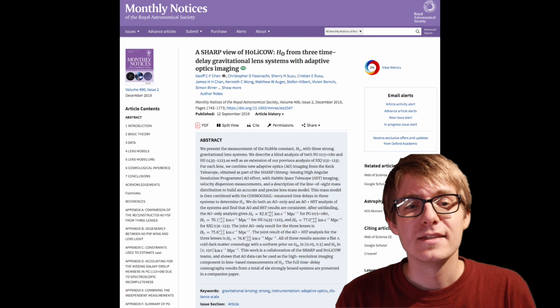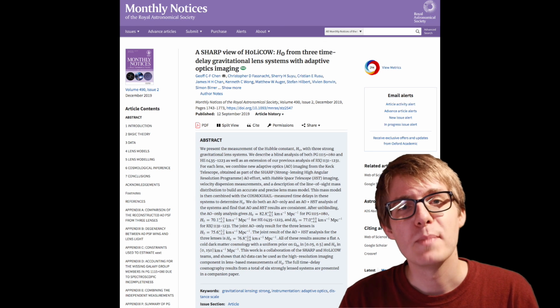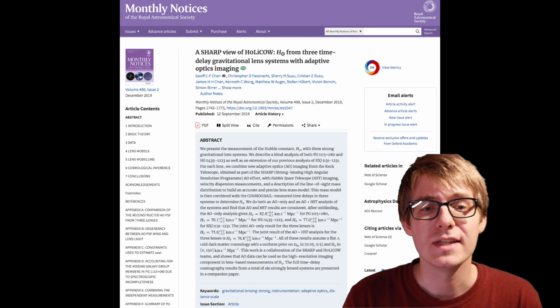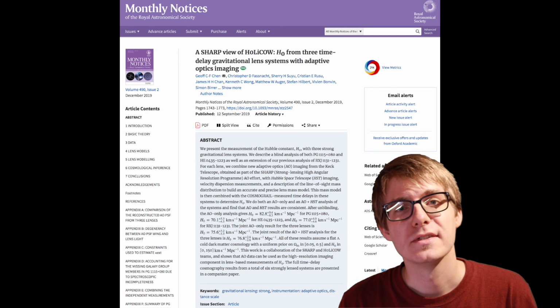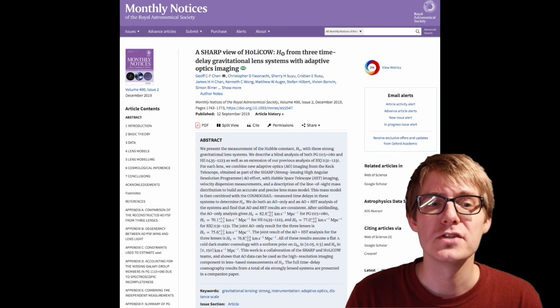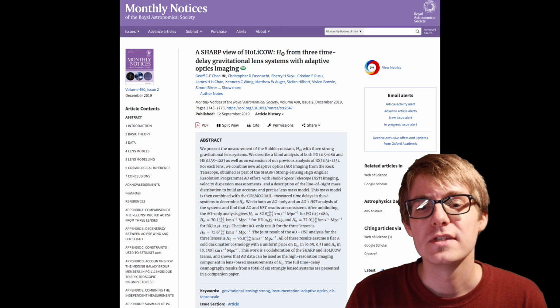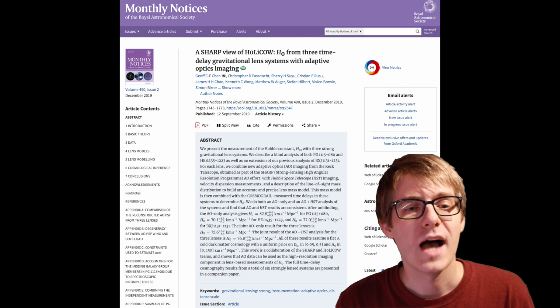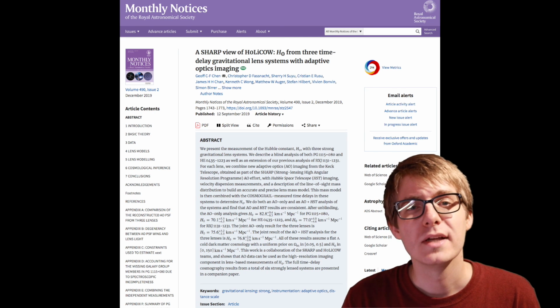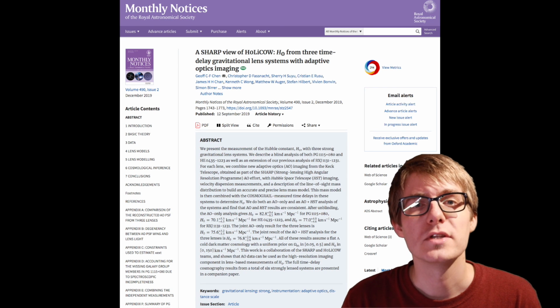They find that at different locations in space, at different times and different angles, the Hubble constant takes different values for each system. The interesting part is that the closest system seems to have the highest value of H0, whereas the furthest has the lowest value.